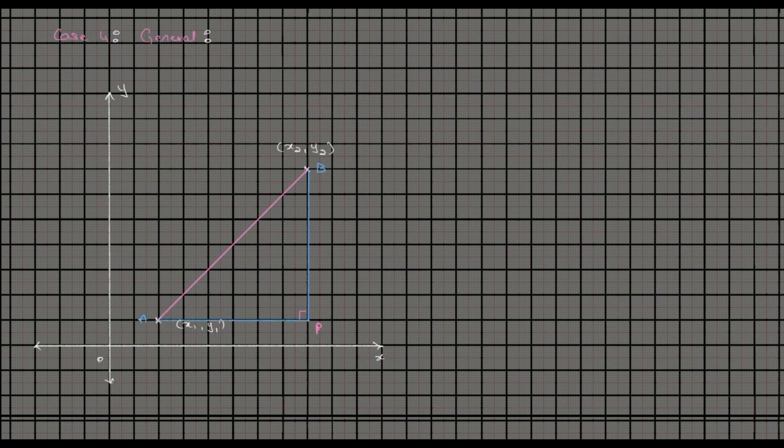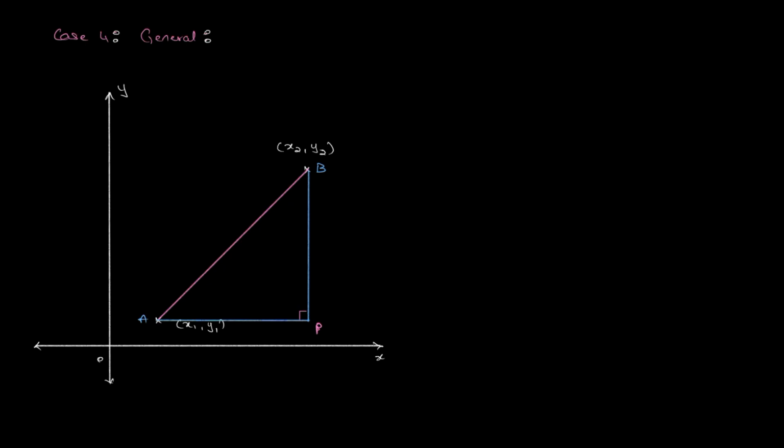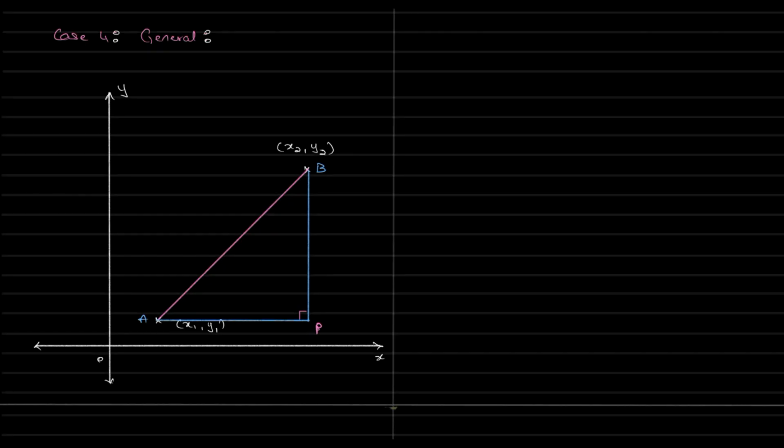How will we find it? Now we have to think, because logically I told everything is just variables. So first step is we will find A dash B dash, and we need to find P dash B dash, the length. How will we do that?